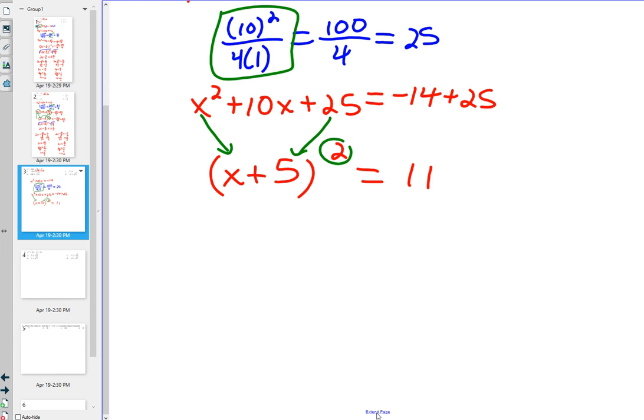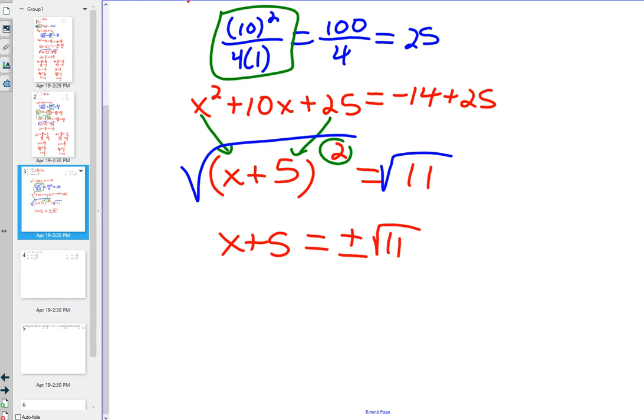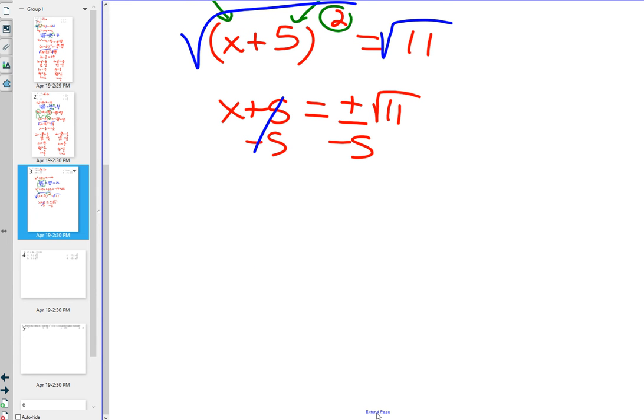Now I'm ready to get rid of the square, so I take the square root, but 11 is a prime number. So I keep x plus 5 equals, here's the plus or minus, but it stays square root of 11. I taught you, Soha, that when the square root stays, splitting is not going to help you. So we'll just go minus 5 minus 5. X is equal to negative 5 plus or minus square root of 11.